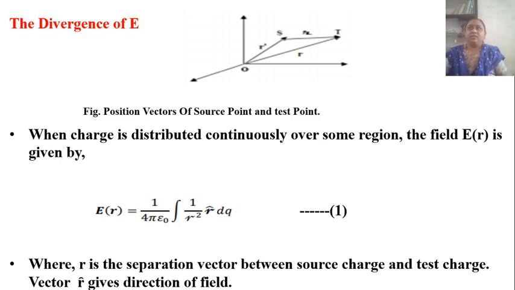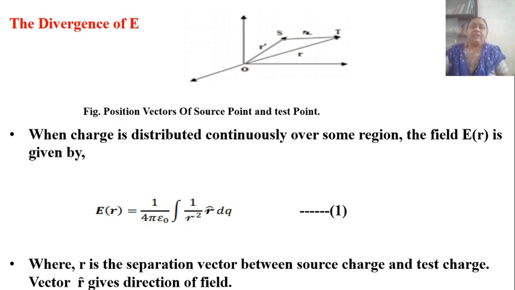If we have several point charges Q1, Q2, Q3 up to Qn at distances R1, R2, R3 up to Rn from charge Q, then the electric field E is given by E equal to 1 upon 4 pi epsilon 0 summation of Qi upon Ri square into Ri cap, i varying from 1 to n.